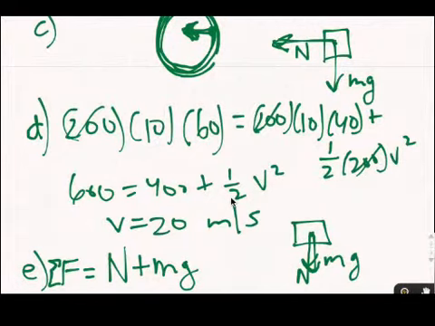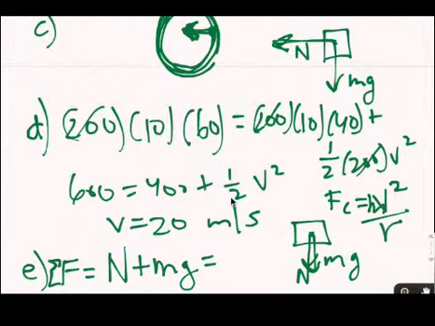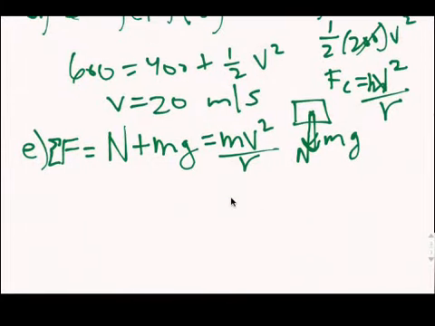Now, since it's a circle, your net force also equals, for centripetal force, mv squared over r. So we want to know the normal force, which is the force of the track on the car.